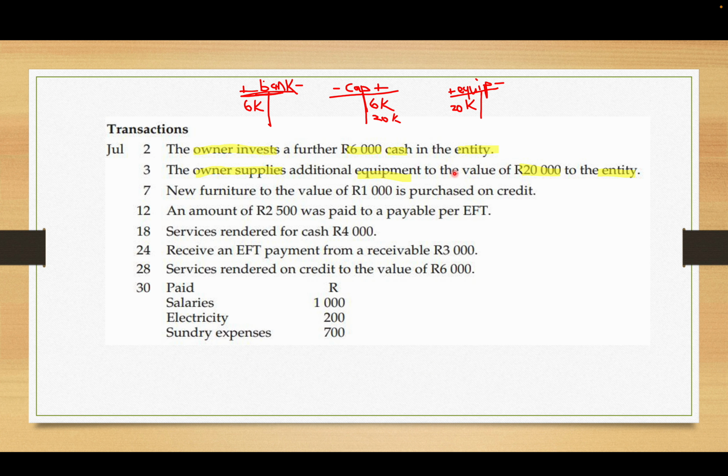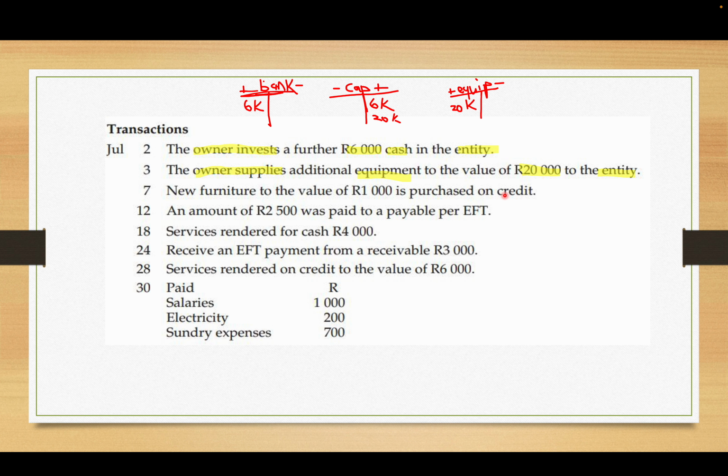So let's go into the new furniture. Furniture to the value of 1,000 is purchased on credit. New furniture is also an asset, plus minus. It's increased by 1,000. Now remember, when you see on credit, you immediately think of payables, and payables is a liability.